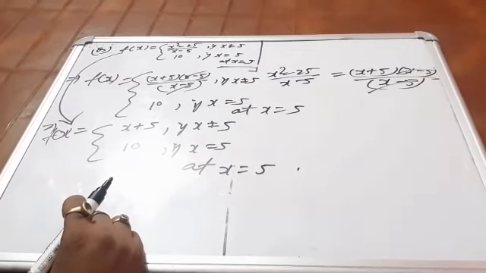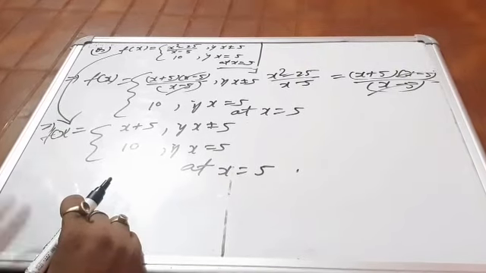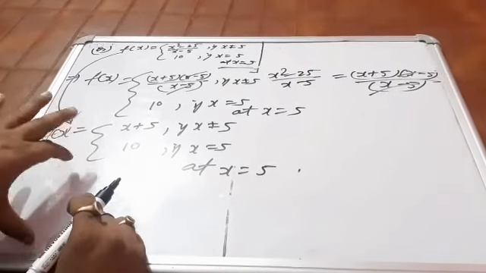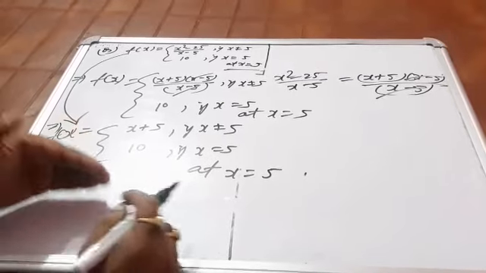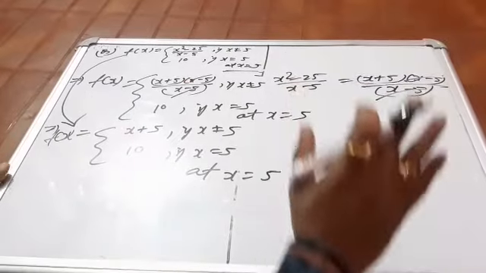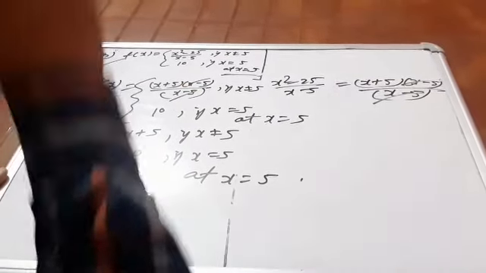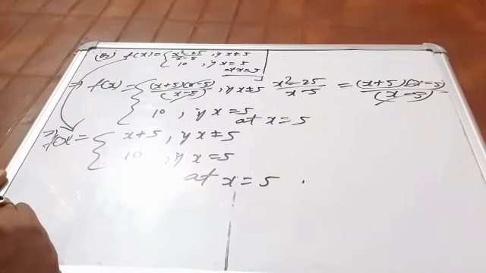Find out whether it is continuous or not and send it to me. Then you will see the next portion of the video. Okay, now pause it here and start.